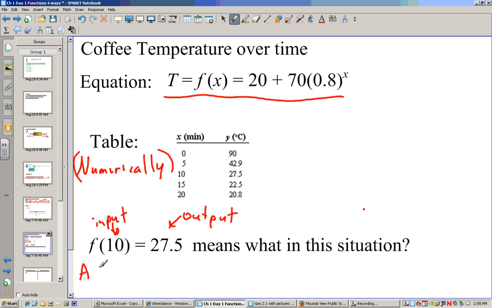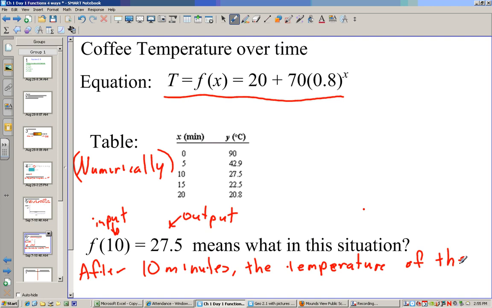So we can say after 10 minutes, the temperature of the coffee is 27.5 degrees Celsius.